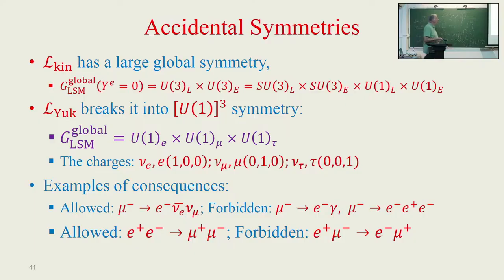Both the muon and its neutrino partner have the same charge under U(1) mu and are neutral under U(1)e and U(1) tau. And both the tau and the tau neutrino have the same charge under U(1) tau and are neutral under the other two U(1) factors. And this has consequences. And here are some examples of the consequences.